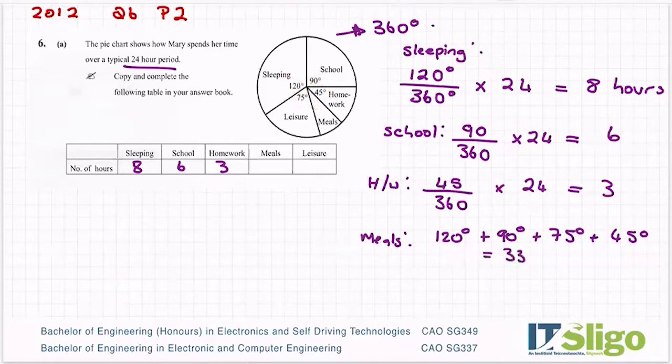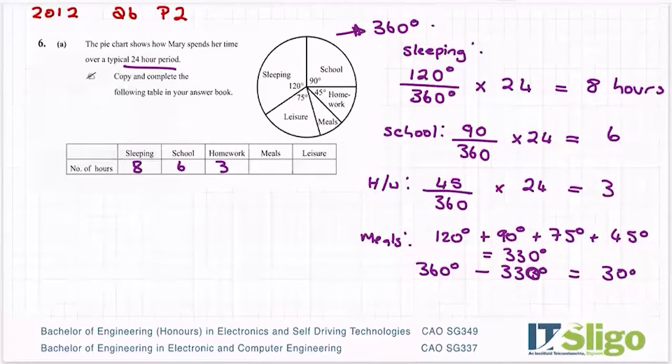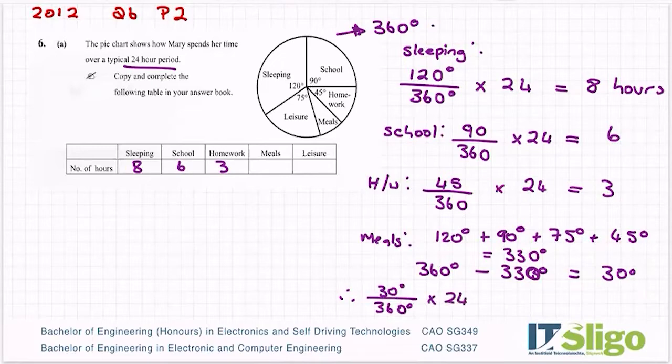So I'm just using that as a guide. So I got 330 degrees for that. So 360 degrees minus that 330 degrees is 30 degrees. Okay, so therefore meals is that 30 degrees over 360 degrees multiplied by 24.